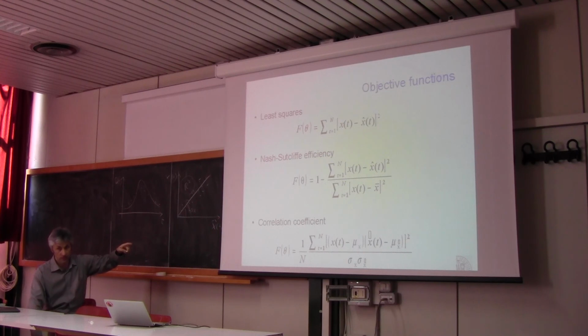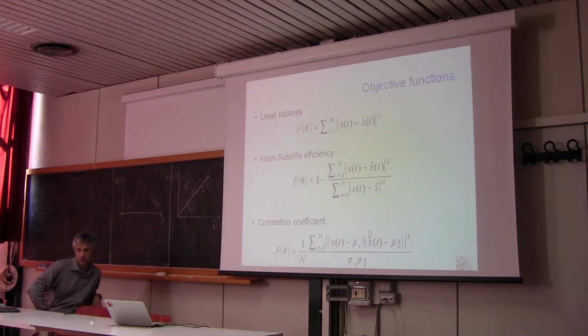So the relevant question is, what is a good value for the Nash efficiency for a hydrological model? Of course, it depends on the use of the model, but we usually say that at least we require an efficiency greater than 0.5. Because if the efficiency is lower than 0.5, it means that the model is really poor.